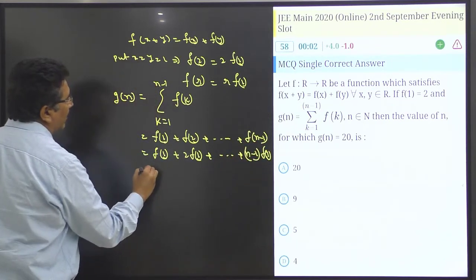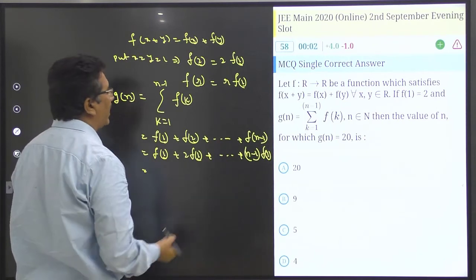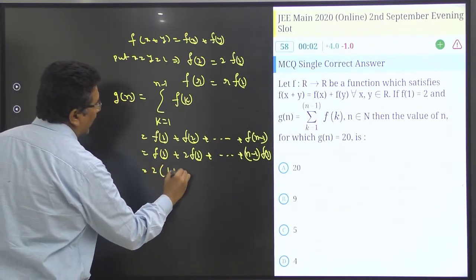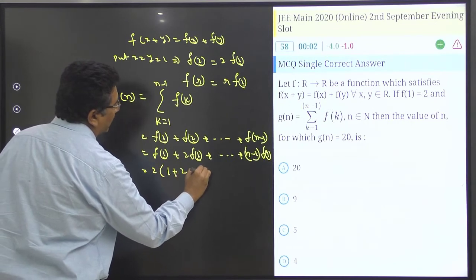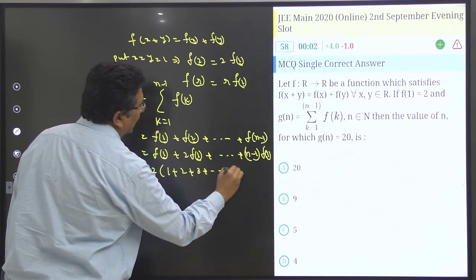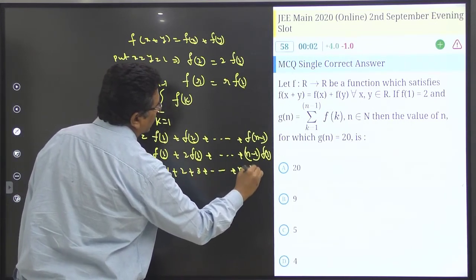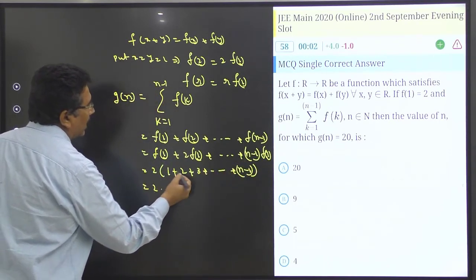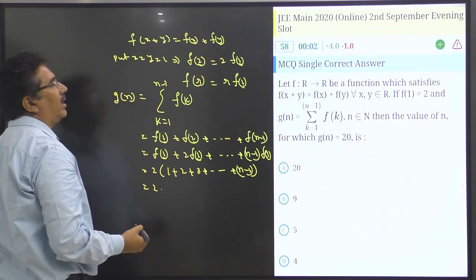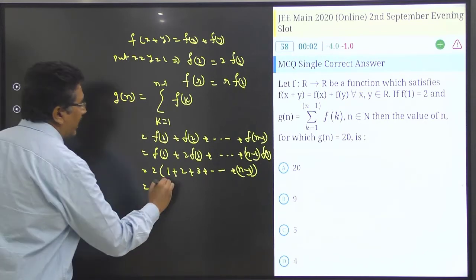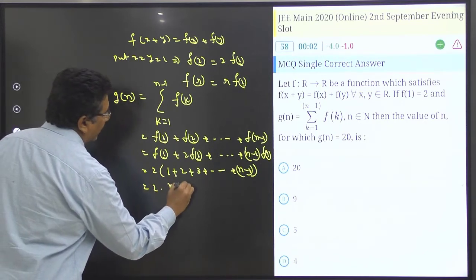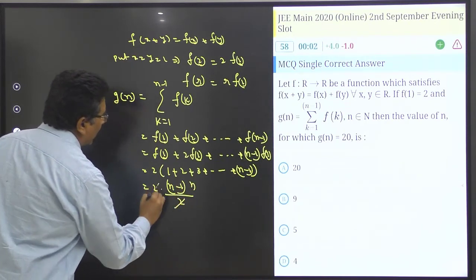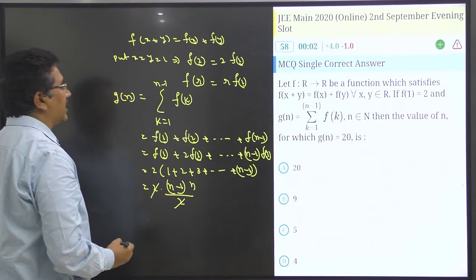That is equal to, given f of 1 is equal to 2, take 2 as common, we get 1 plus 2 plus 3 plus and so on n minus 1, that is equal to 2 into sigma n minus 1, that is n minus 1 into n by 2. The 2 gets cancelled.